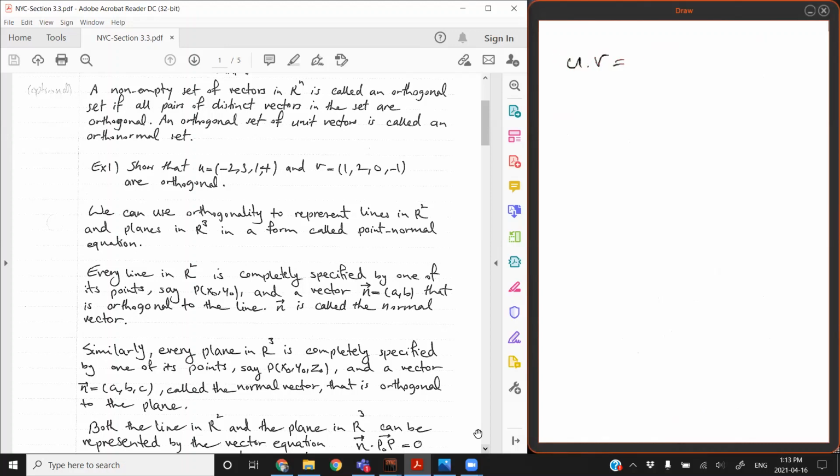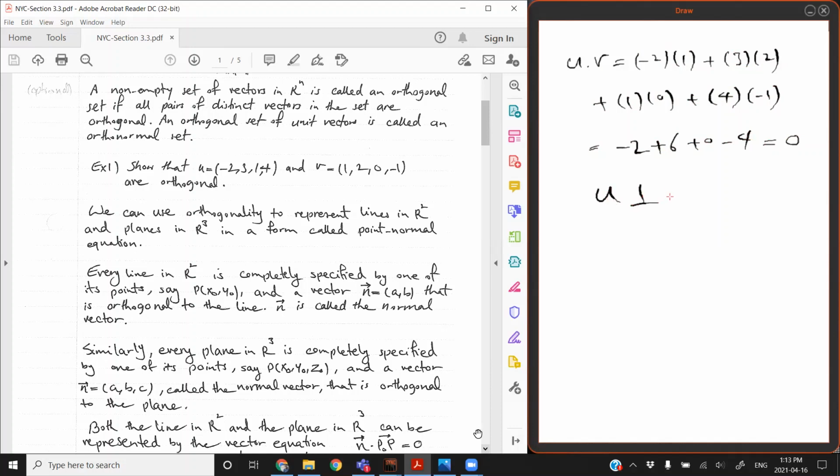U dot v: negative 2 times 1, plus 3 times 2. Then the third components, I multiply them, 1 times 0. And finally, I have 4 times minus 1. That's going to be negative 2 plus 6 plus 0 minus 4. And you can see this is 0. So that means u and v are orthogonal with respect to each other. Any questions?